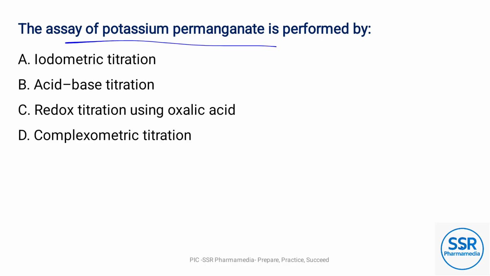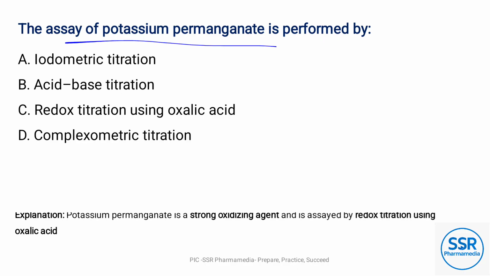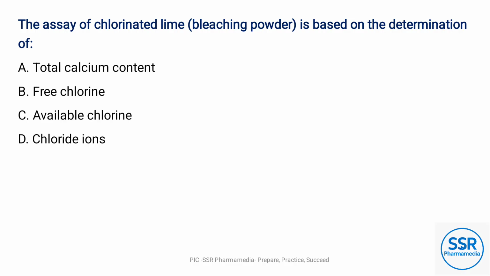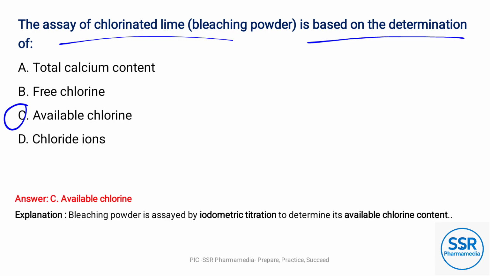The assay of potassium permanganate is performed by, option C, redox titration, using oxalic acid as a primary standard. Assay of chlorinated lime or bleaching powder is based on the determination of, option C, available chlorine.